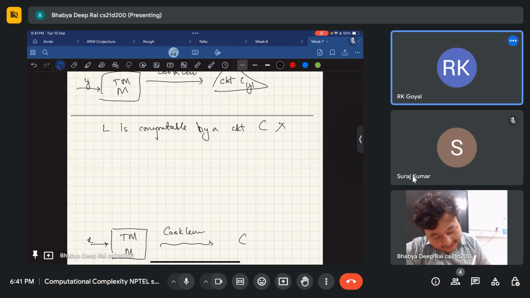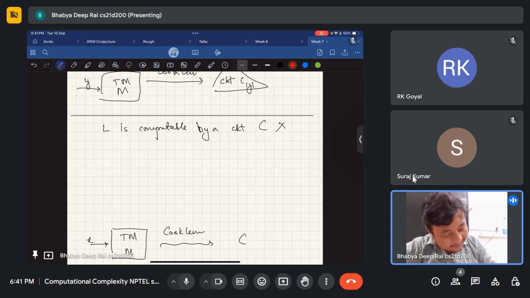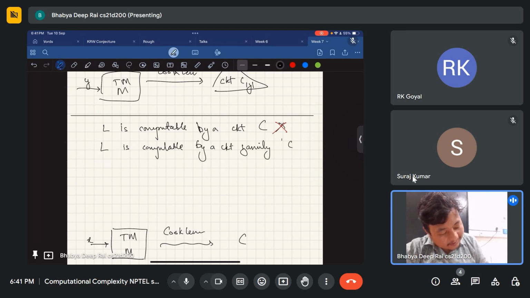So that's where we say, okay, this is a no go. That's why we say L is computable by a circuit family C_n, where we put an n here to denote that this is the circuit with n inputs, for n greater than or equal to 1, or 0 if the input is empty.